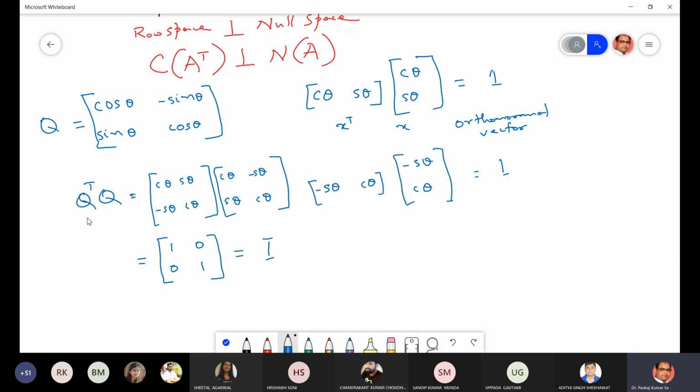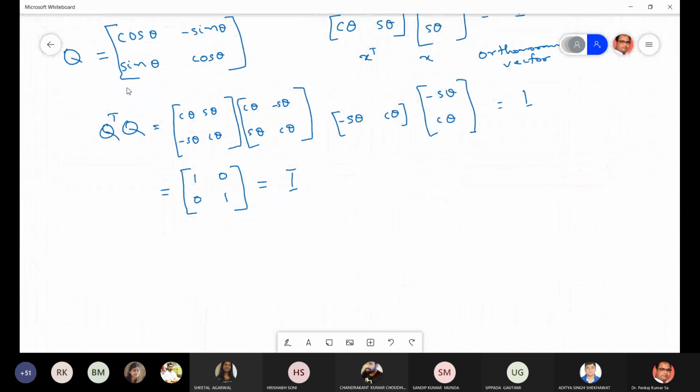So a matrix is orthogonal if this condition holds for a square matrix. Now, there is one important property with orthogonal matrices: whenever you apply an orthogonal matrix to any vector, it does not change the length. It only rotates it.